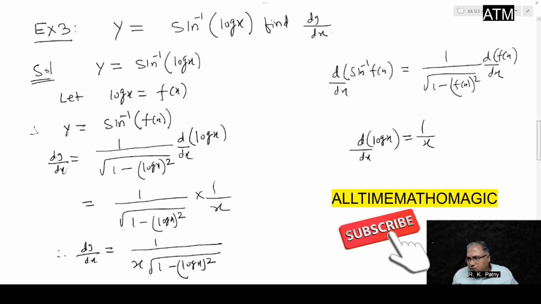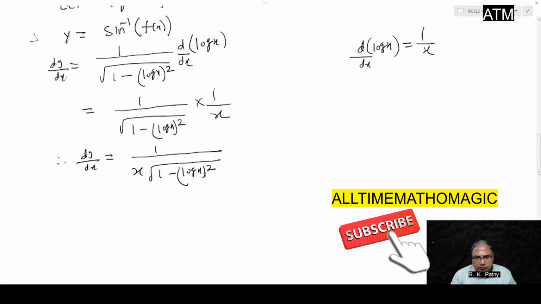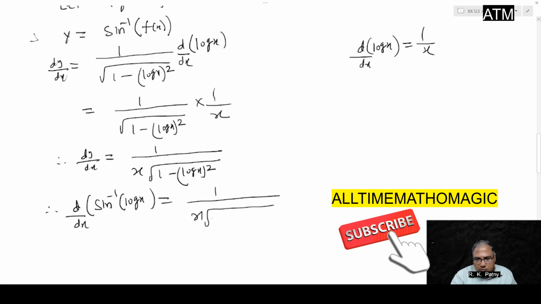And how to write that answer? We can write the answer like this. Therefore, differentiation of sine inverse of log x with respect to x equals to 1 upon x into under root of 1 minus log x whole square. This is the required answer.